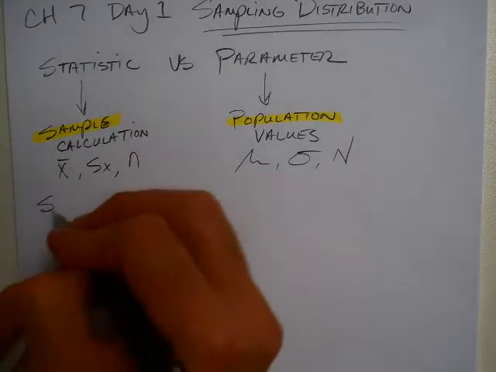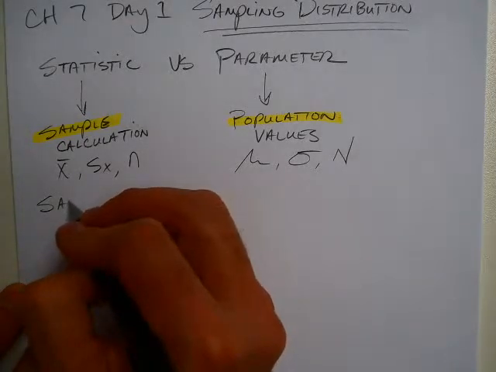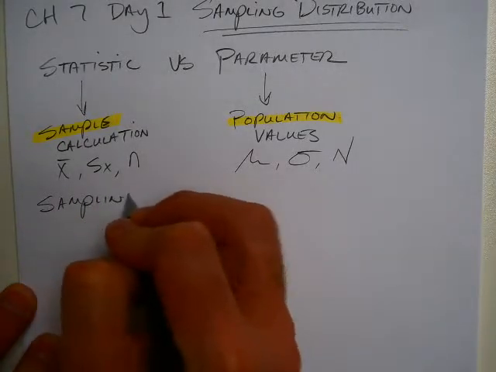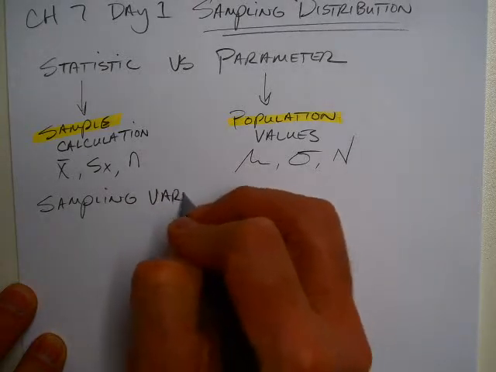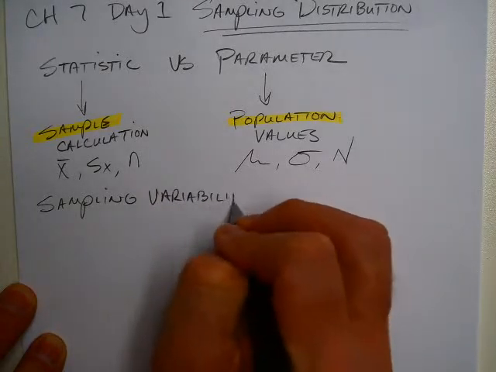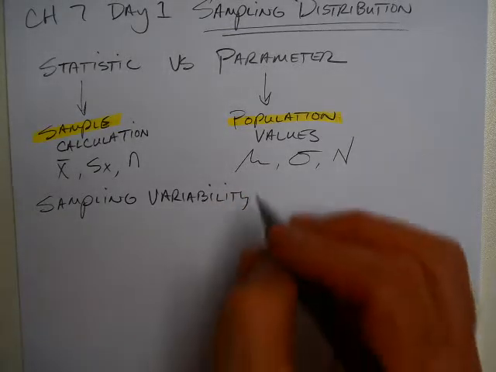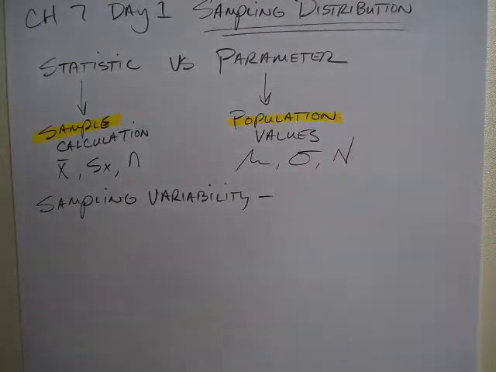The other thing is sampling variability that we need to talk about first. Now, if I took all the students at Centennial High as my population, and I took a sample of, say, 20 of them, and I went to those 20 randomly, and I said, what's your favorite color? Or what's your age, or something like that.